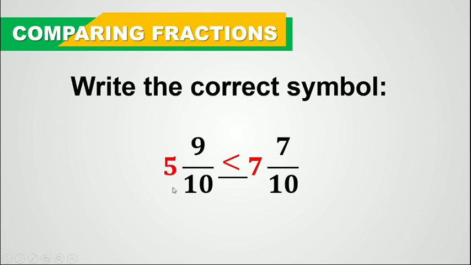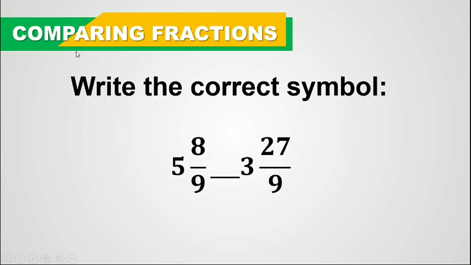Now what about this? What if the whole number of this mixed number is greater than the whole number of this other mixed number? You really have to be analytical when comparing fractions because your teachers might be tricking you.